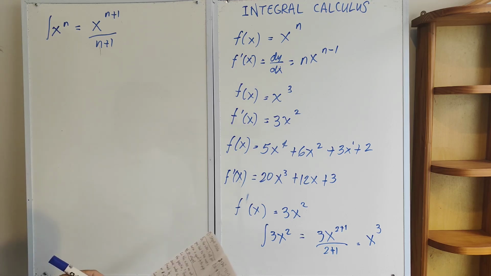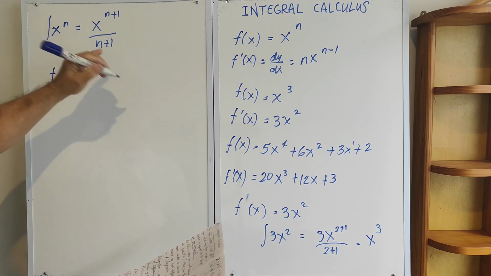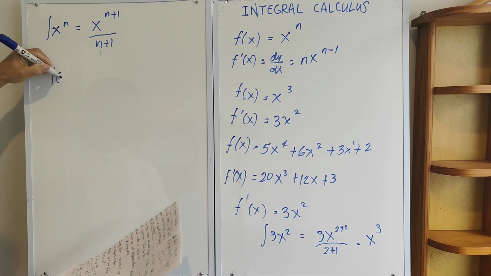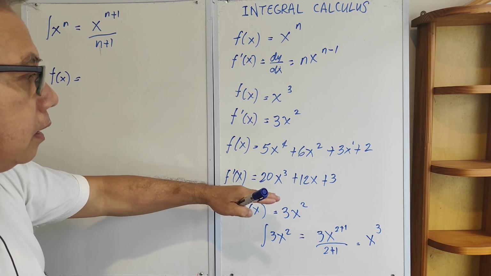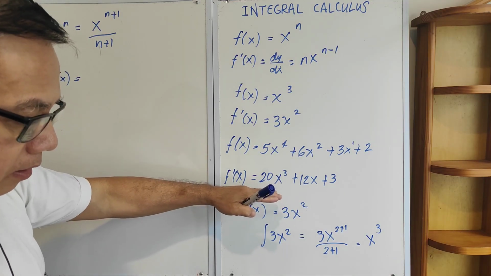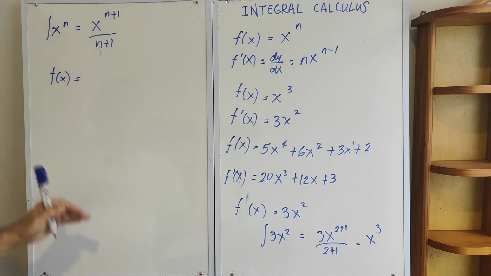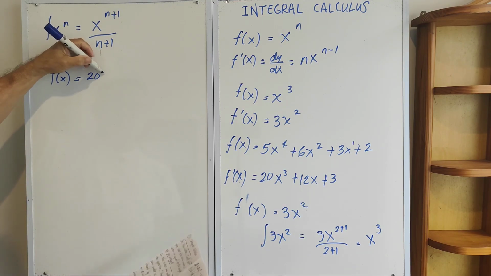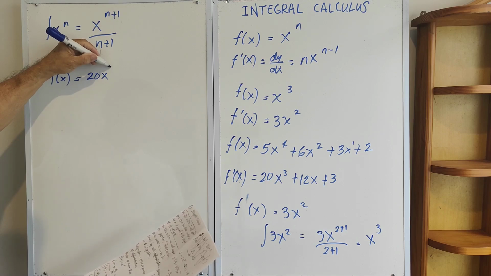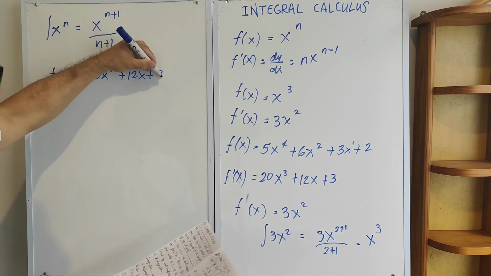So for example, we have the f of x. These are more complicated examples. I'll be using this one. So for example, your f of x is 20x cubed plus 12x plus 3.